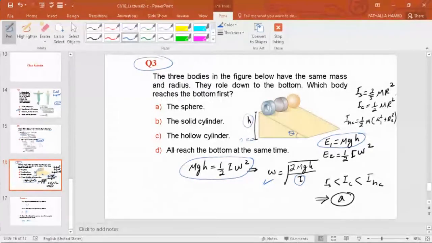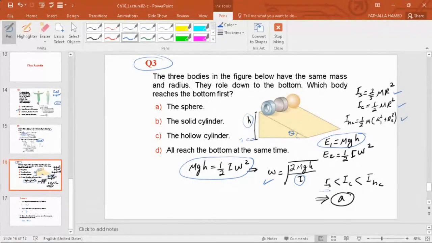Well, we did that when we talked about moment of inertia. For a solid sphere, the moment of inertia is equal to 2/5 mr squared. For a solid cylinder, it's 1/2 mr squared. For a hollow cylinder, it is 1/2 m(r1 squared plus r2 squared). So you'll find that the moment of inertia of the sphere is less than that of the solid cylinder, and the moment of inertia of the solid cylinder is less than that of the hollow cylinder.